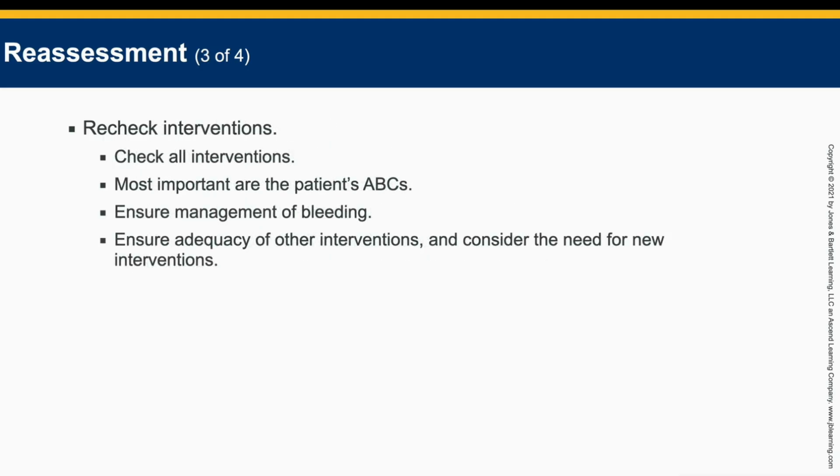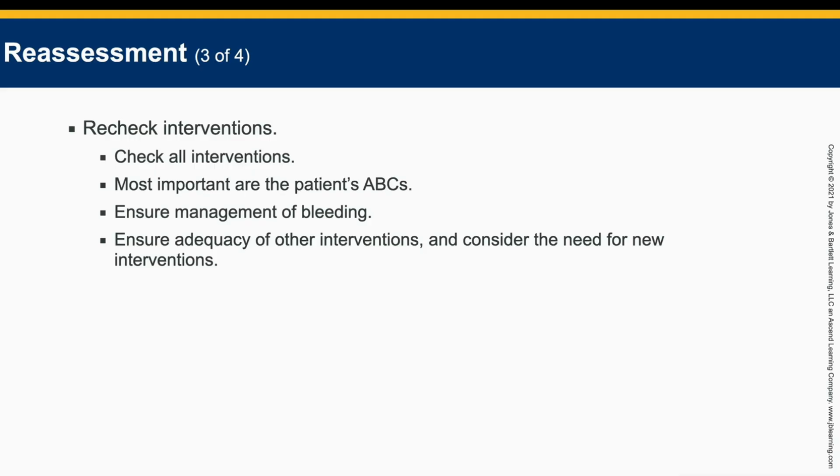Another key part of reassessment is rechecking your interventions. As patient care continues, you should review all treatments and interventions that have been provided to ensure that they're appropriate and still working as intended. The most important thing to reassess is the ABCs: airway, breathing, and circulation. Make sure the airway remains open, breathing is adequate, and circulation is sufficient.